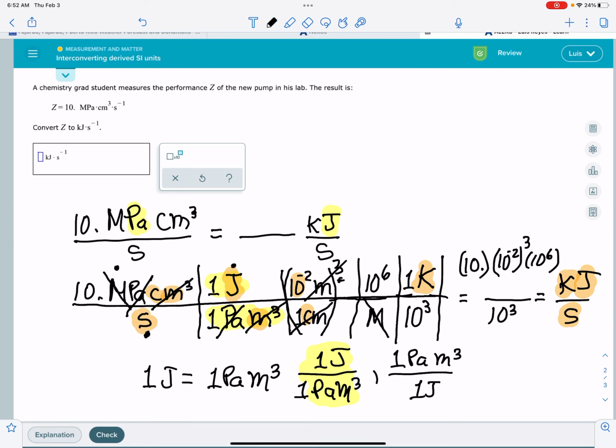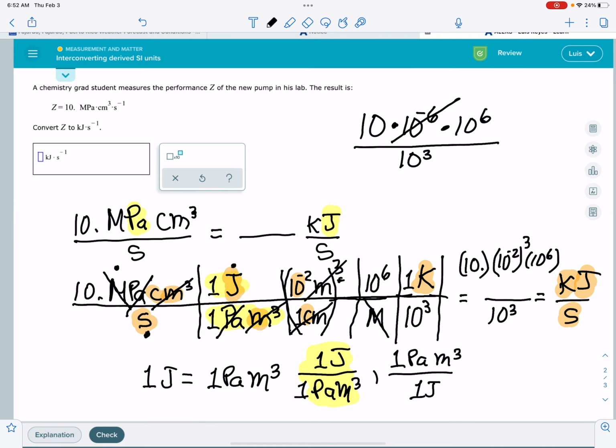The ones, we don't have to do the ones. So when you put that on your calculator, this is gonna be 10 multiplied by 10 to the minus 6 multiplied by 10 to the 6 divided by 10 to the third.